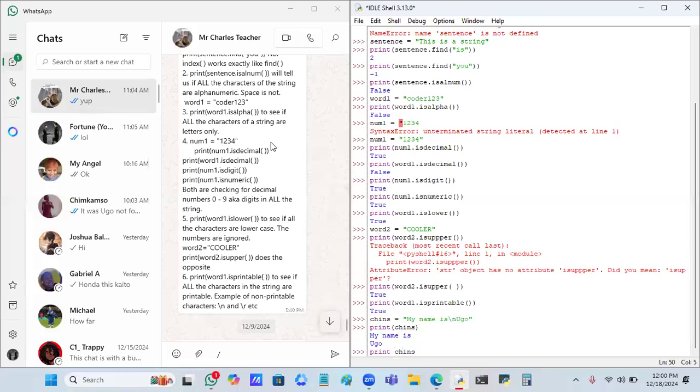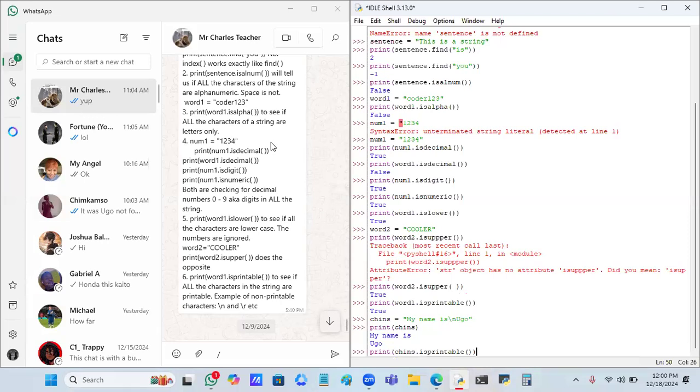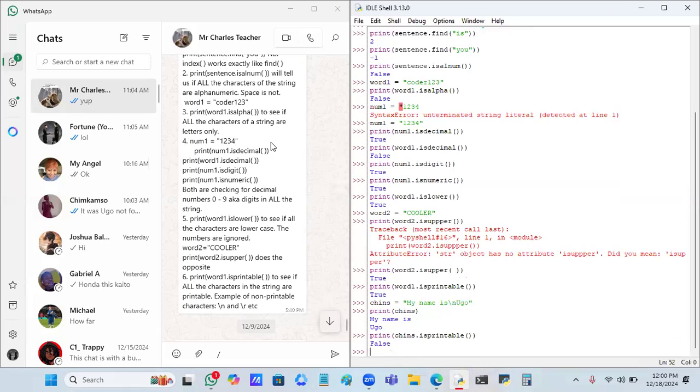Dot isprintable. All right. Did you notice that it showed false?